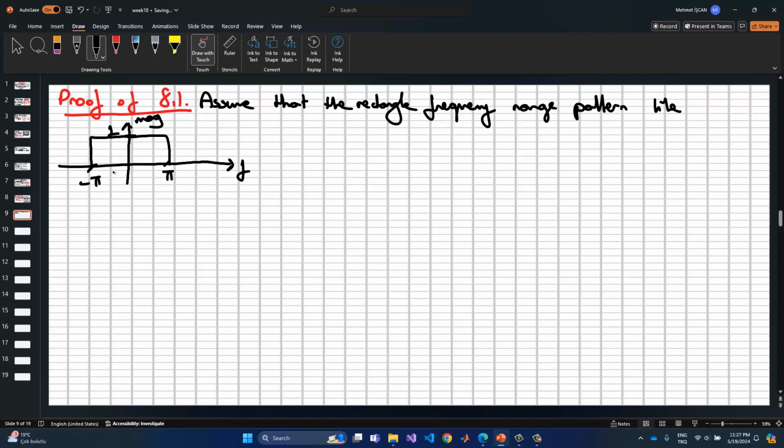These patterns are similar, and this is the symmetry, so we always need to use this pattern here. This is the representation of the ideal low pass filter.